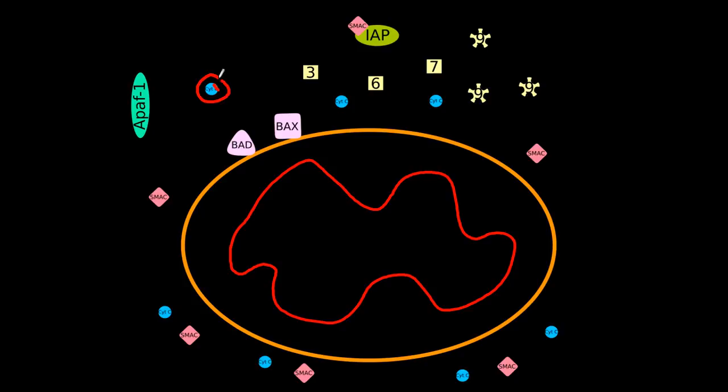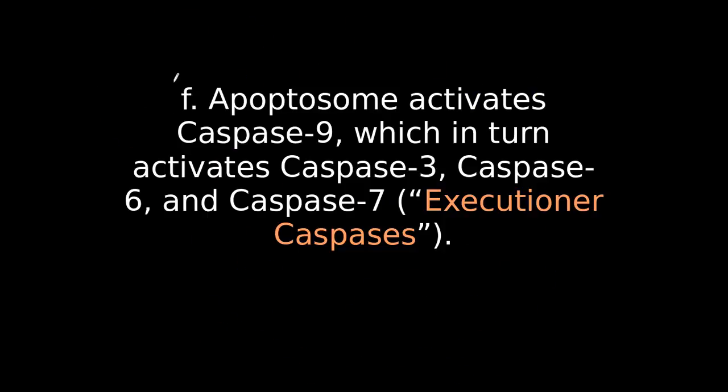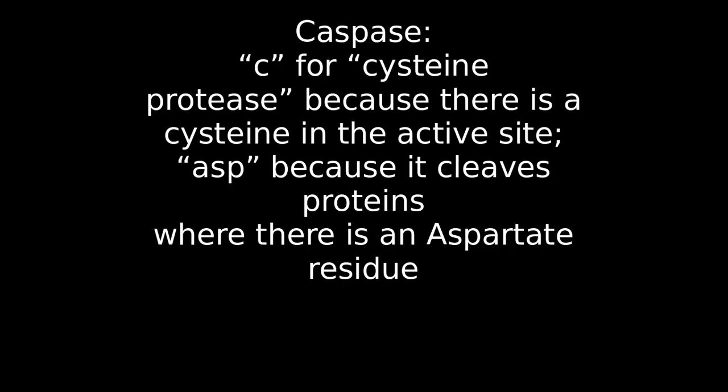So you get 7 of these APAF1 binding together, really making this thing called the apoptosome. The apoptosome then activates caspase 9, which we haven't talked about yet. And in turn, caspase 9 will activate caspase 3, 6, and 7, the executioner caspases.